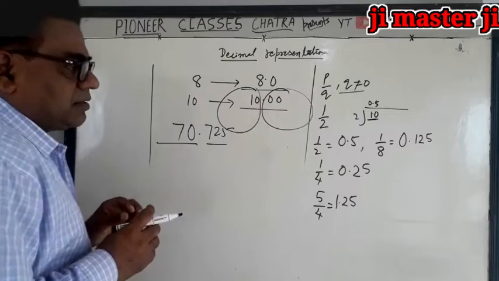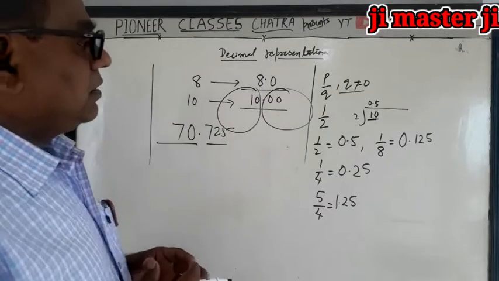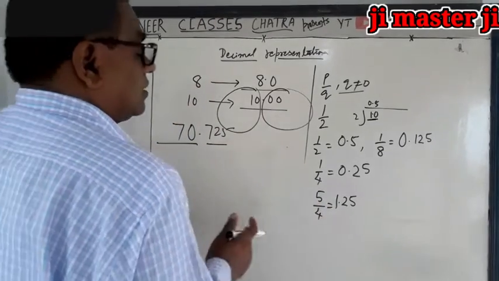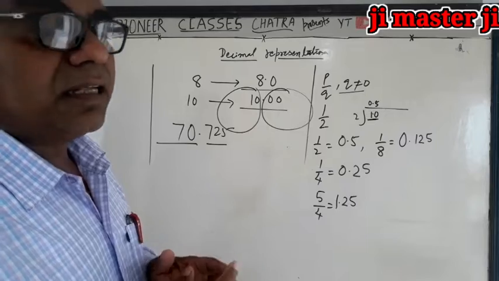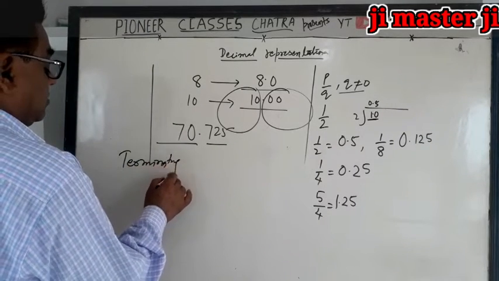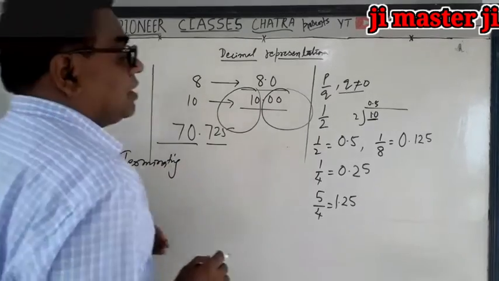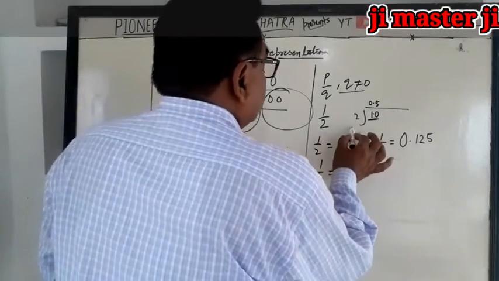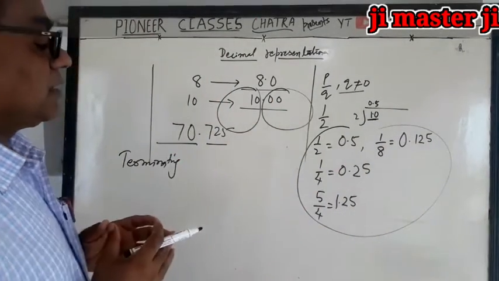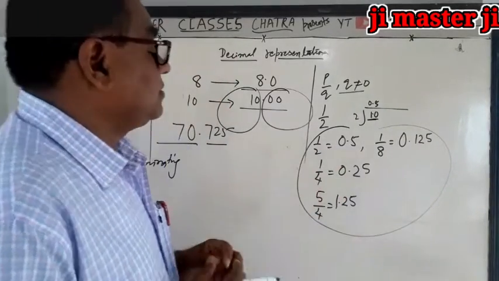The decimal representation of a rational number is of two types. The one is terminating and the other is non-terminating. Terminating. So here, all these examples are of terminating decimal representation because our division process comes to an end.